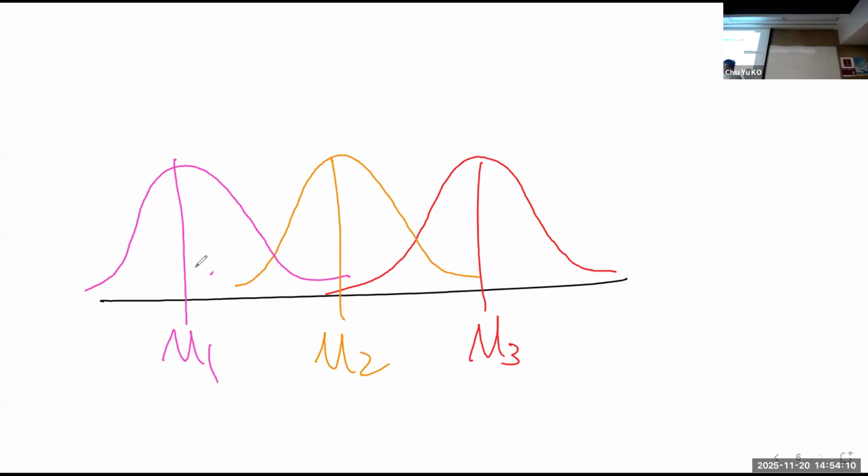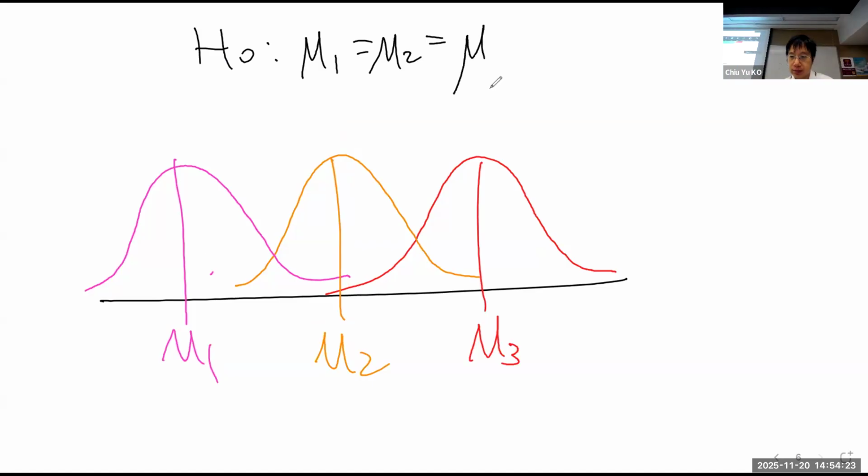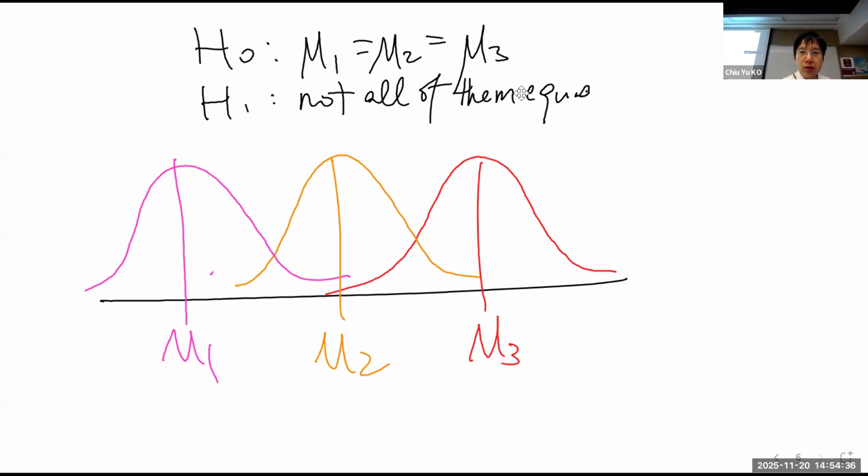We want to use the data to see whether mu 1 equals mu 2 equals mu 3, or not all of them are equal. So this test wants to see whether the locations of these three potential bells are the same or different.